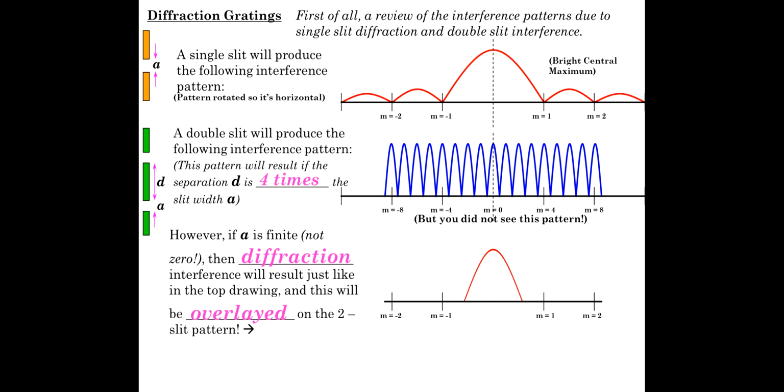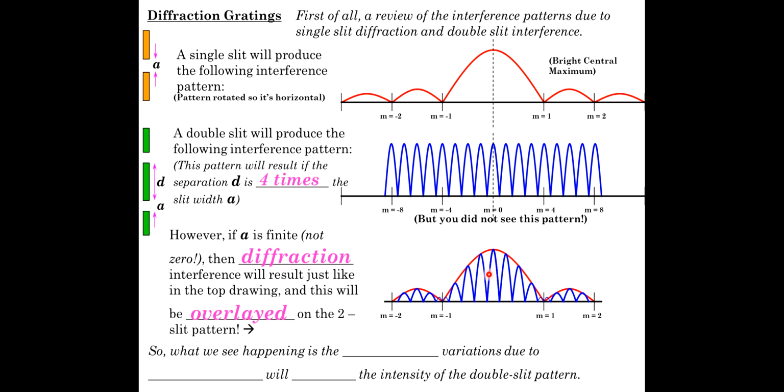And so here's what it looks like. Here's our diffraction pattern, overlaid on the two-slit pattern so that the result looks like this. In other words, the diffraction limits the intensity of the variations of intensity of the two-slit pattern.